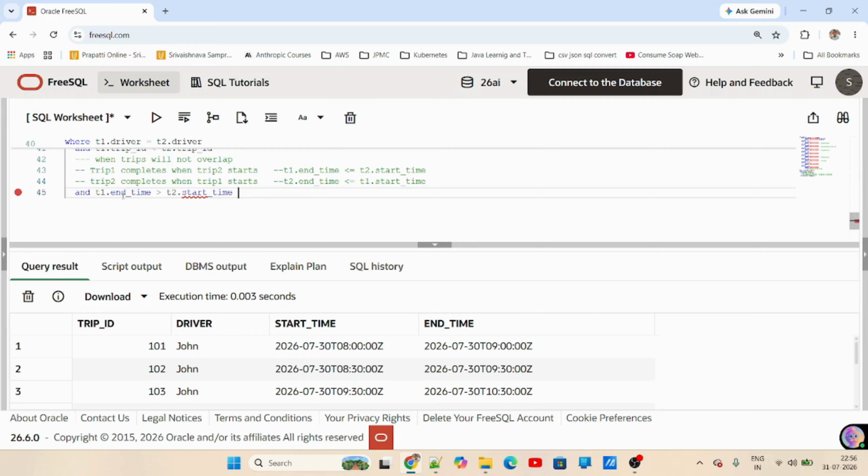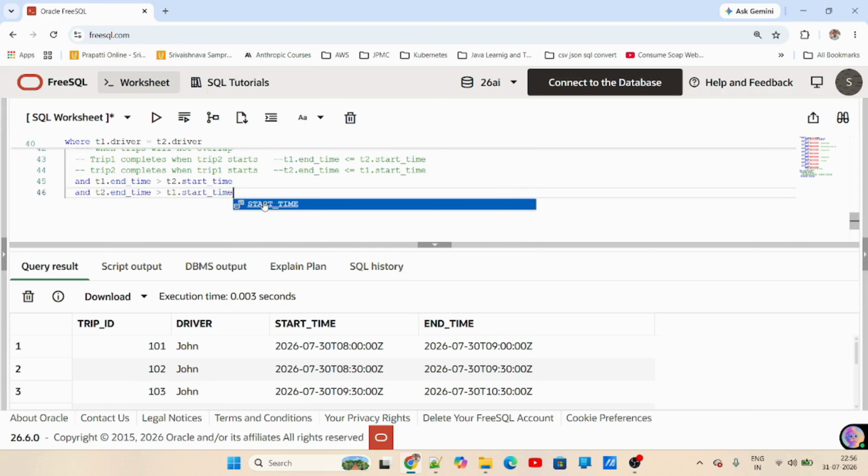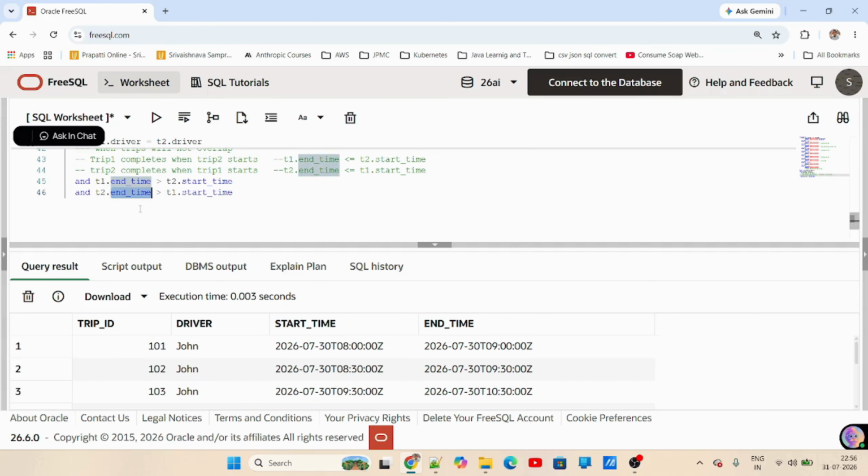So this will overlap. As you can see, T1.end_time is 9:30 and T2.start_time is 9 a.m., so this becomes true and it is overlapping. Now the second one: T2.end_time is greater than T1.start_time.